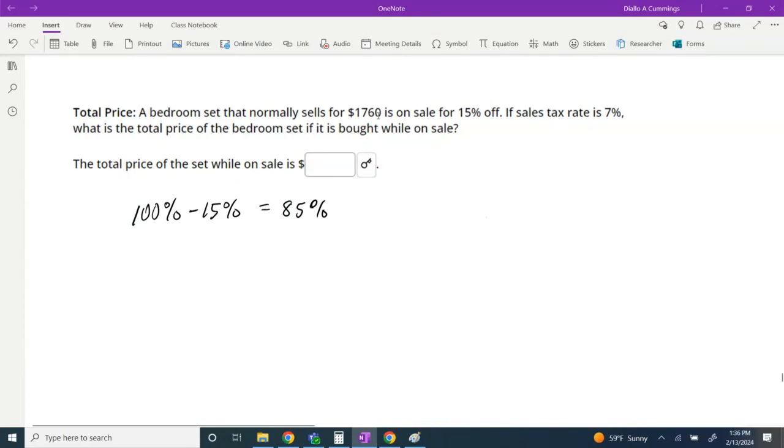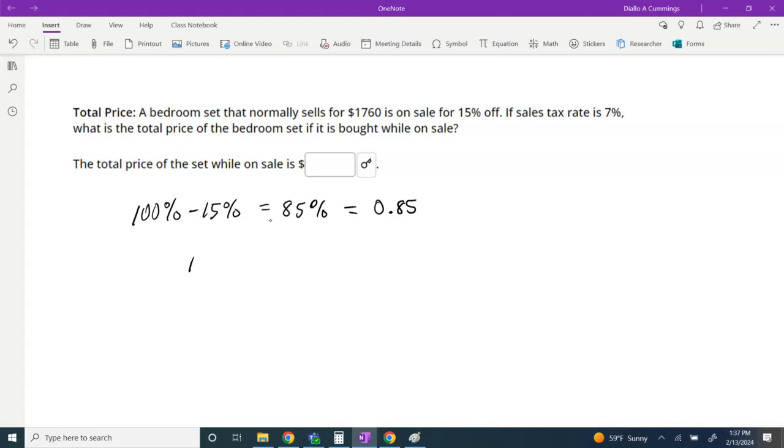So I'm actually finding the sale price of the bedroom set. Since it's on sale, that's a percent decrease, so I'm subtracting 15% from 100%. I'm now going to change 85% to a decimal. So I would drop the percent sign and move the decimal 2 places to the left. So 85% is 0.85.